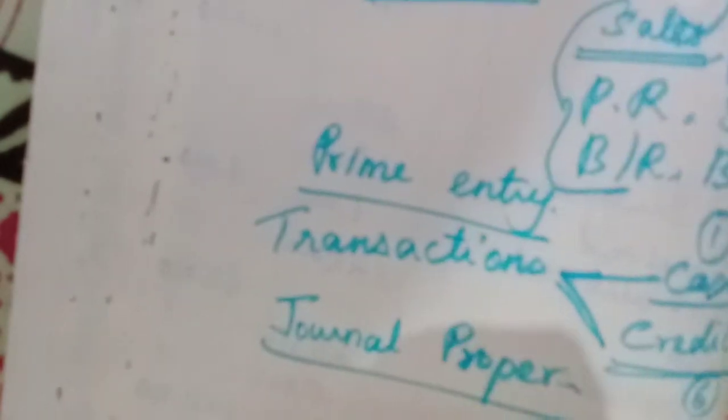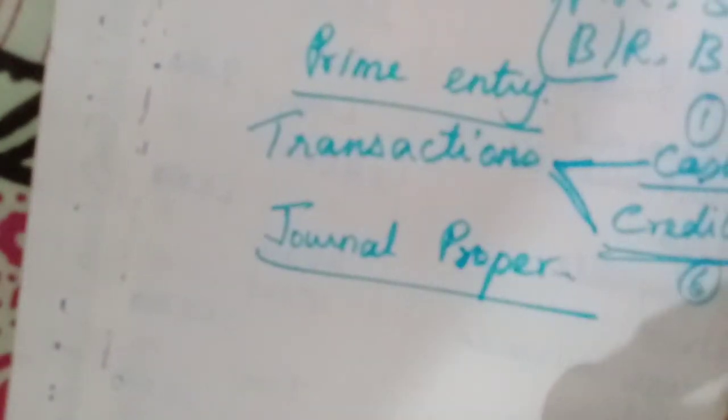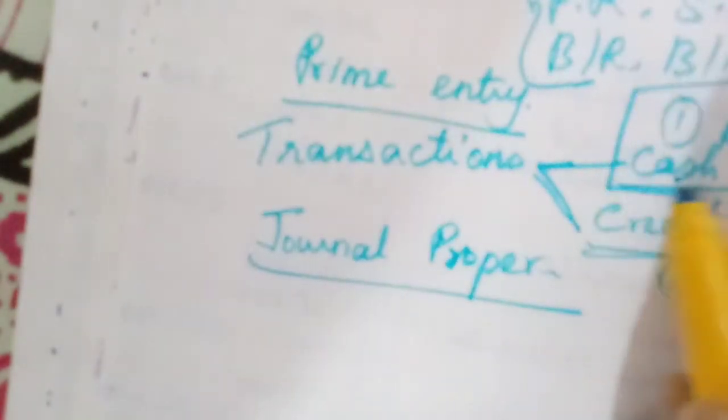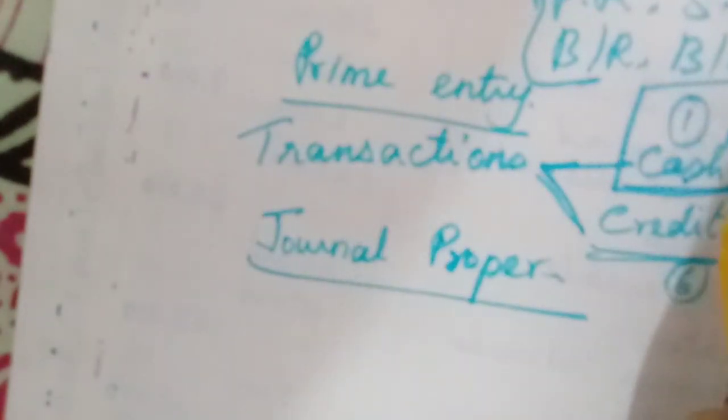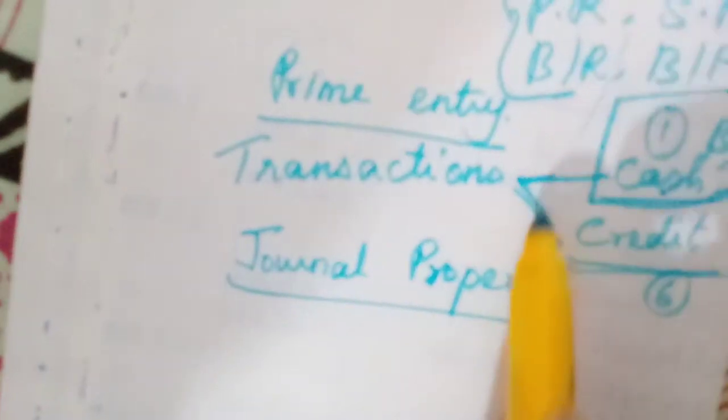So here we are going to learn each and every book, but this cash book we are going to learn separately. Now for the credit transactions, what books are prepared? We know purchase book, sales book, purchase returns book, sales returns book.